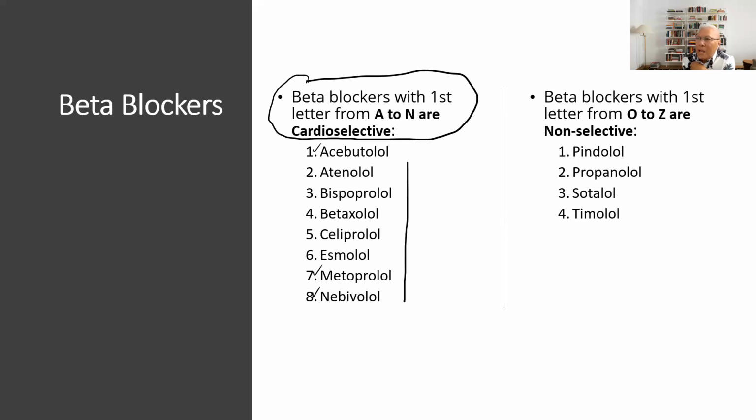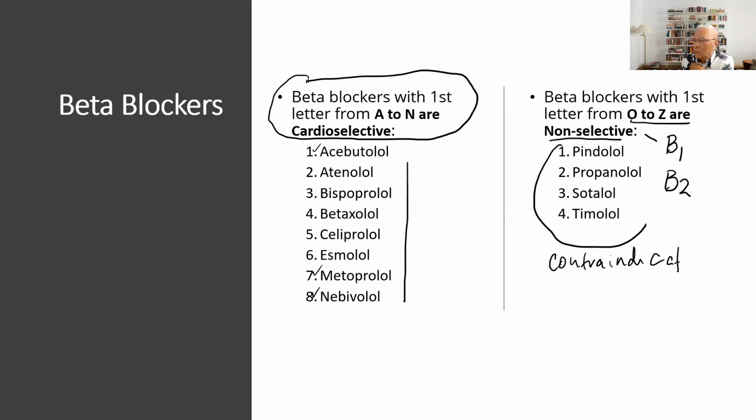However, beta blockers that start from O to Z are non-selective, meaning to say that they're going to block beta-1 as well as beta-2. Thus, when you use these drugs, it is contraindicated in pulmonary disease.